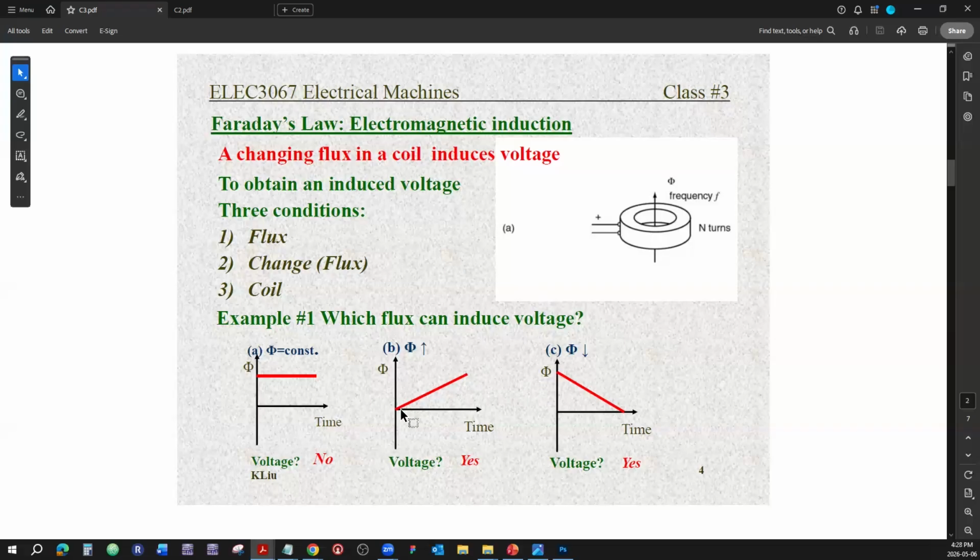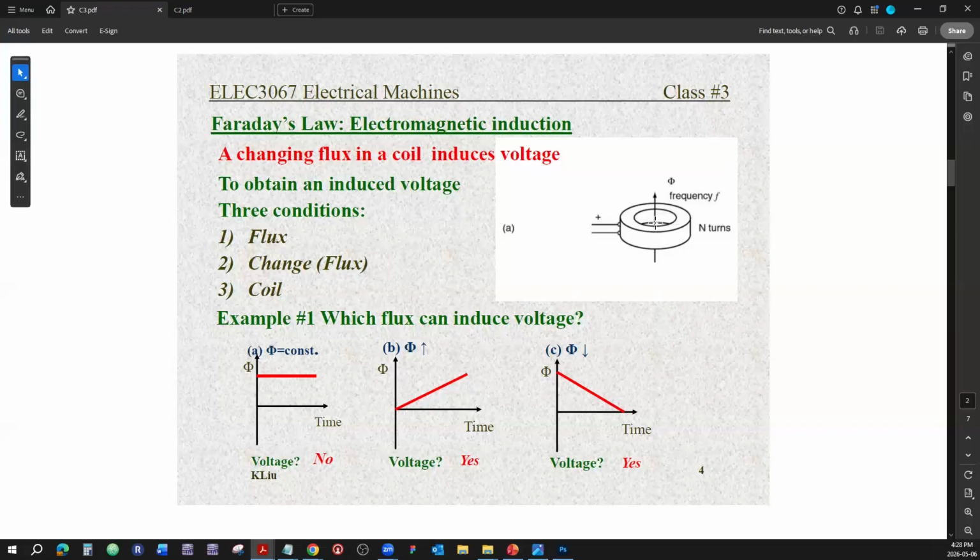Now, this magnetic field can go one way or it can go the other way. Depending on which way it goes, we're going to end up with a plus and minus here or minus and plus here. As long as the magnetic field changes, at the moment of change, the voltage is induced. If we shove in a permanent magnet right there, at the moment of pushing and moving that magnet inside, there's going to be voltage induced.